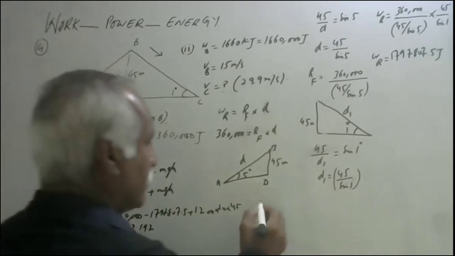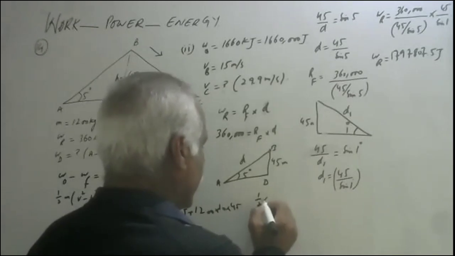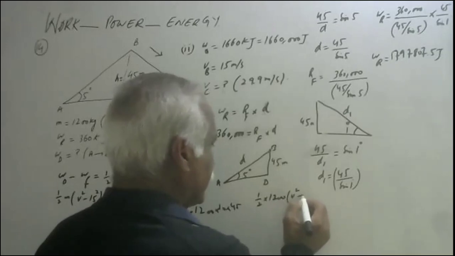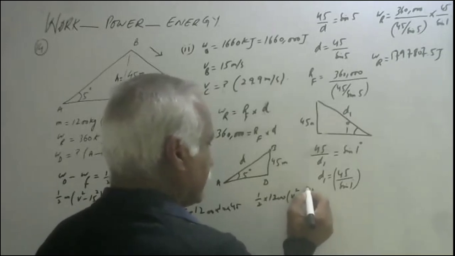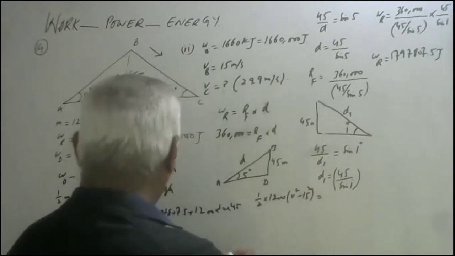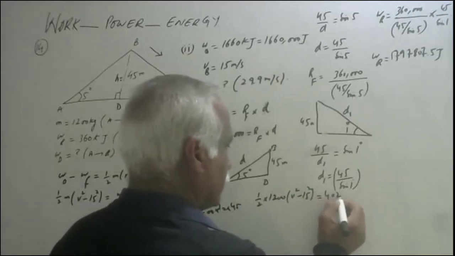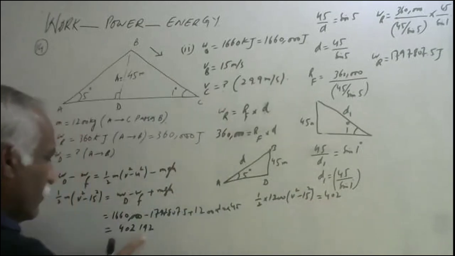Now half mass is 1200 into v square minus 15 square is equal to 402192.